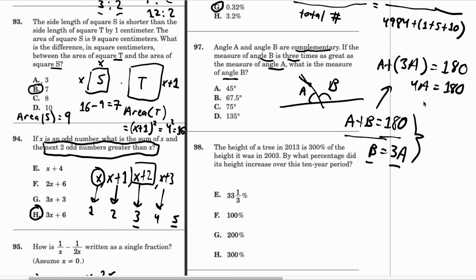Then I can divide both sides by 4, and I get that A is equal to 180 over 4, which is 25. It's degrees because we're talking about angles. So I know that angle A right here is 25 degrees. Remember that A plus B is going to be 180, so now I know 25 plus B is 180.